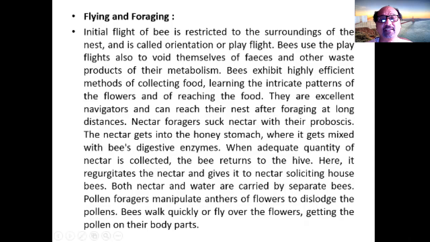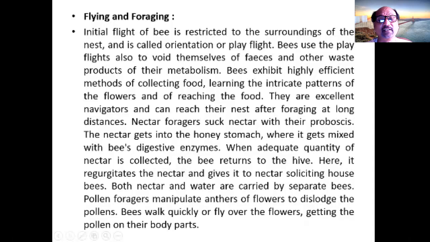The initial flight of bees is restricted to the surroundings of the bee's nest and is called the orientation or play flight. Bees use the play flights also to rid themselves of feces and other waste products of their metabolism. Bees exhibit highly efficient methods of collecting food, learning the intricate patterns of the flowers and reaching the food.